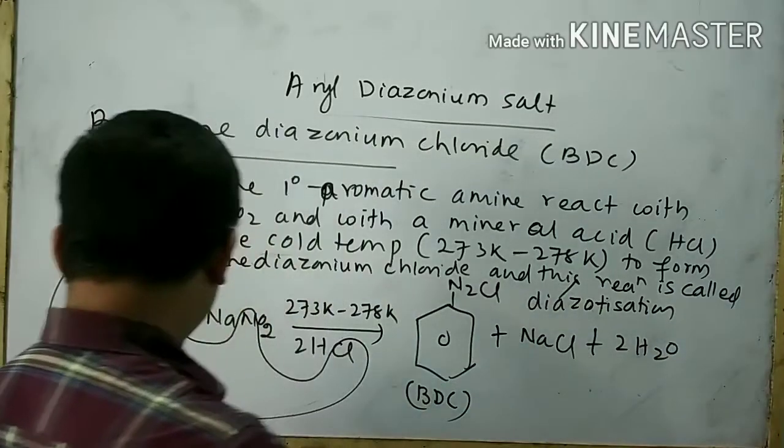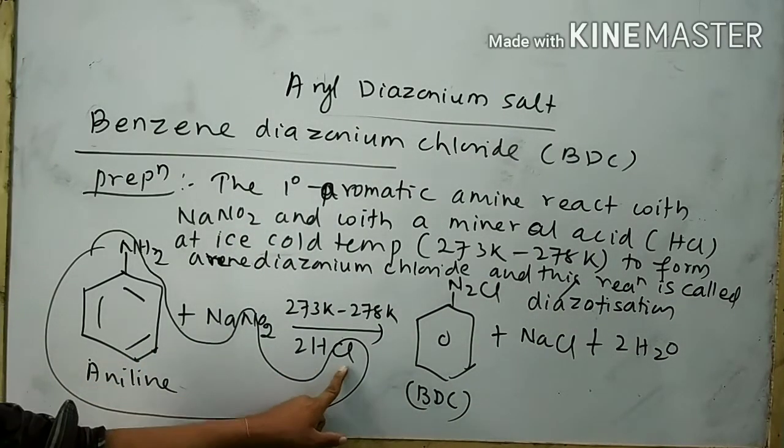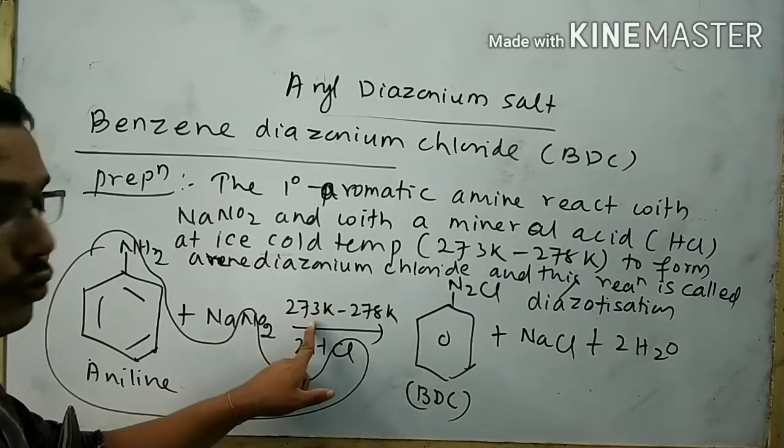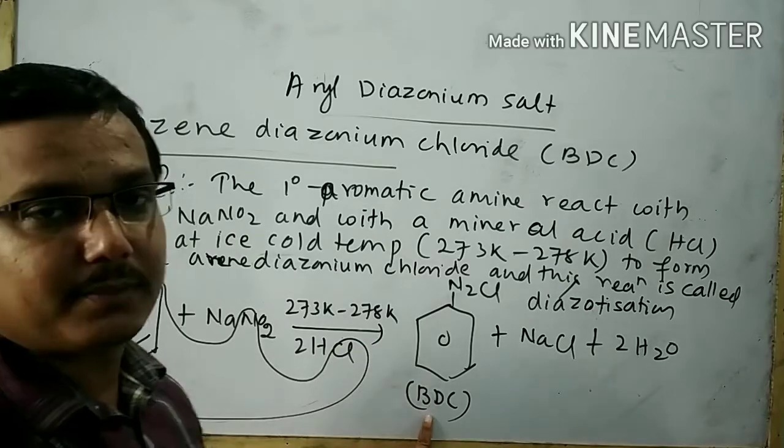We can also write, when aniline is treated with sodium nitrite and HCl at ice cold temperature, that is 273 Kelvin to 278 Kelvin, then BDC is formed.